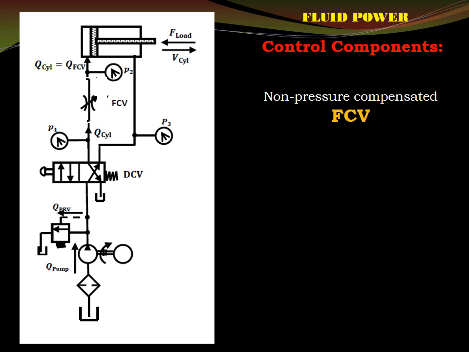But in the middle, there is one FCV. So by controlling the opening of this FCV, we can control the speed of actuation of this actuator. Q by A is equal to the velocity, right?